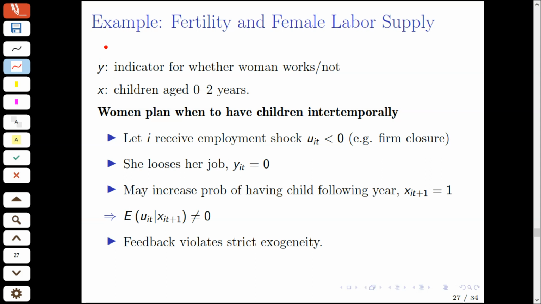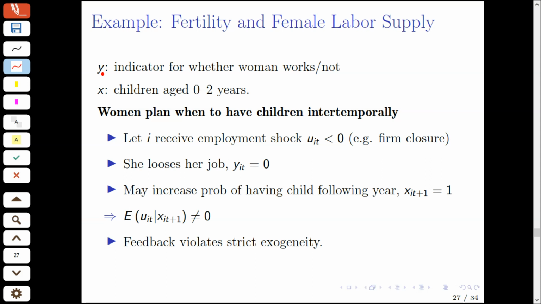And let x be the number of children in the household of age at most 2. I think it's fair to say that women and families altogether plan when to have children in an intertemporal manner. Children don't just show up at the doorstep one day. So we're talking about a model involving intertemporal decisions.